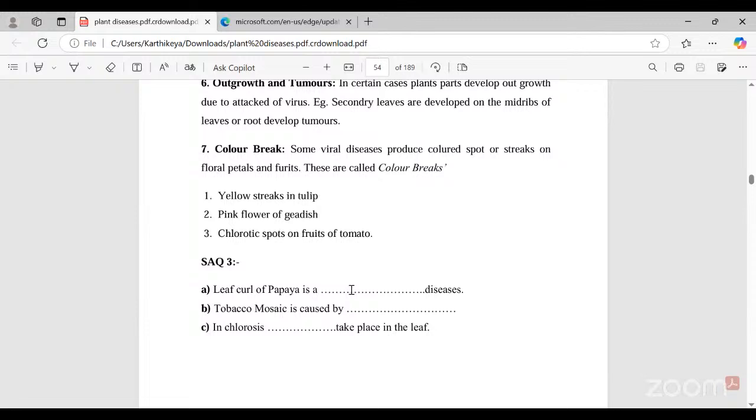Next one, pink color of gladiolus, and chlorotic spot of fruit of tomato.